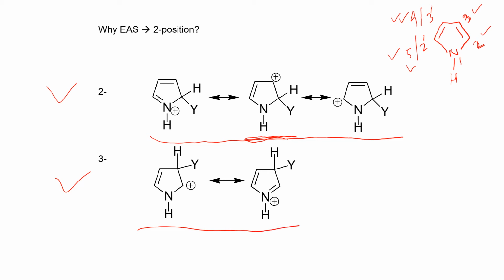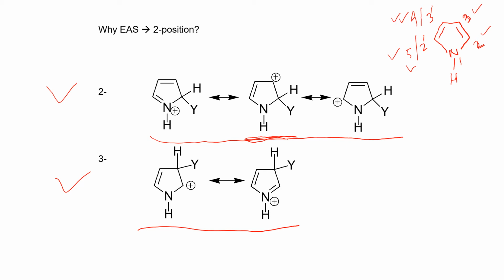We know that when a compound possesses more resonance forms, it is more stable. We see that when an electrophile attacks position 2, it forms 3 resonance forms, and when it attacks position 3, 2 resonance forms will be produced.